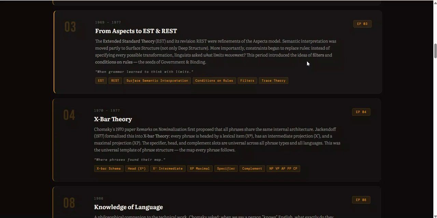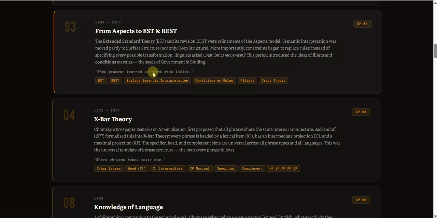Semantic interpretation was moved partially to surface structure, not only to deep structure. More importantly, constraints began to replace rules instead of specifying every possible transformation. Linguists asked what limits movement. This period introduced the idea of filters and conditions on rules, the seeds of government and binding, that is GB.